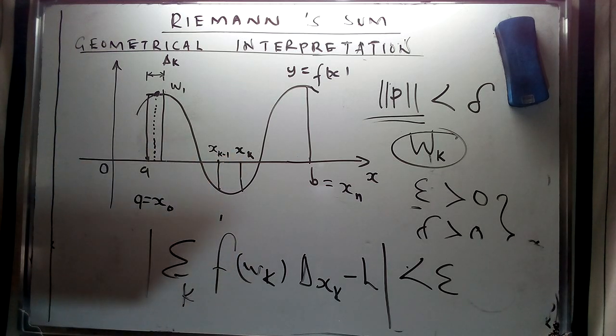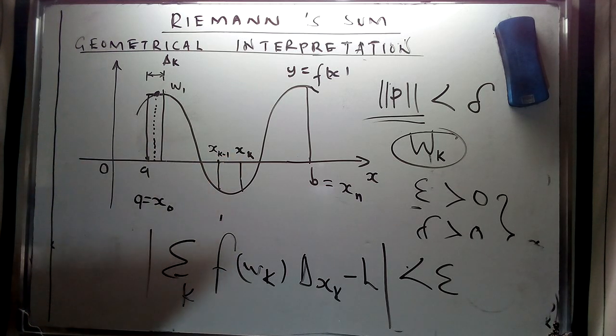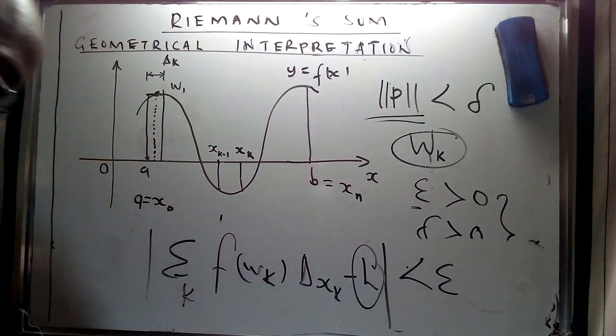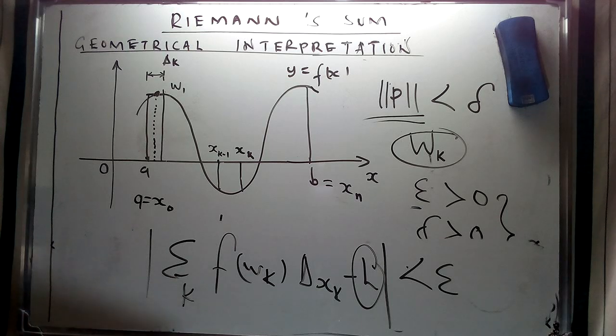And this value is referred to as the limit of the Riemann sum.